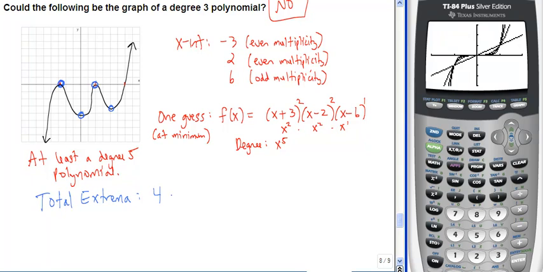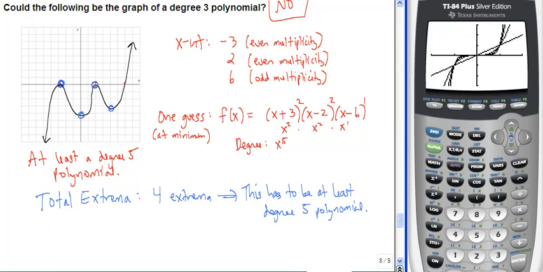So if we have 4 extrema, then that implies that this has to be at least a degree 5 polynomial. Okay? So that would be another correct argument as well.